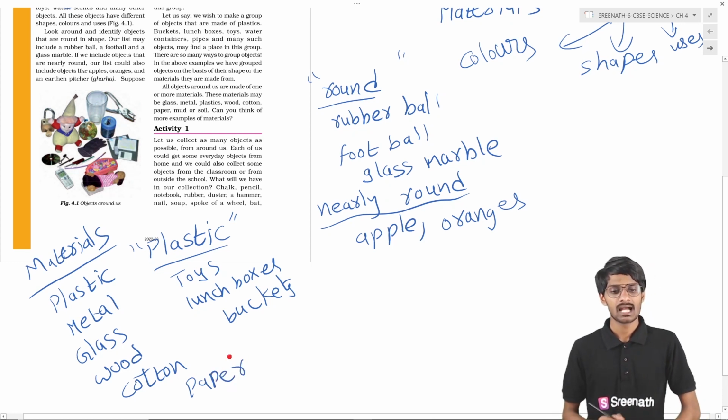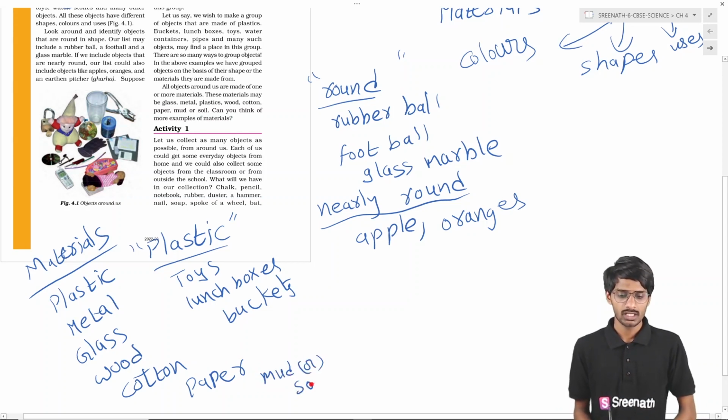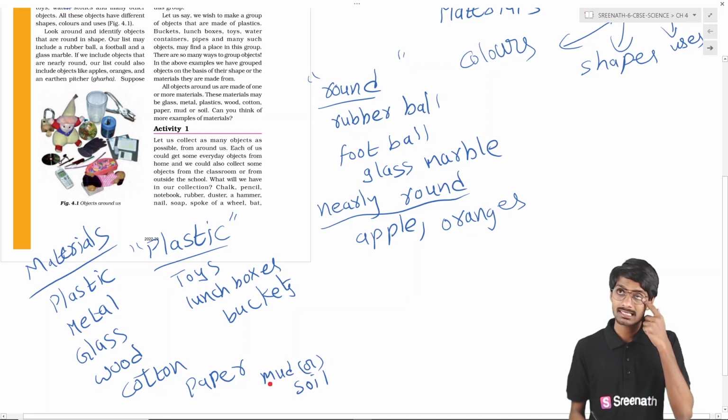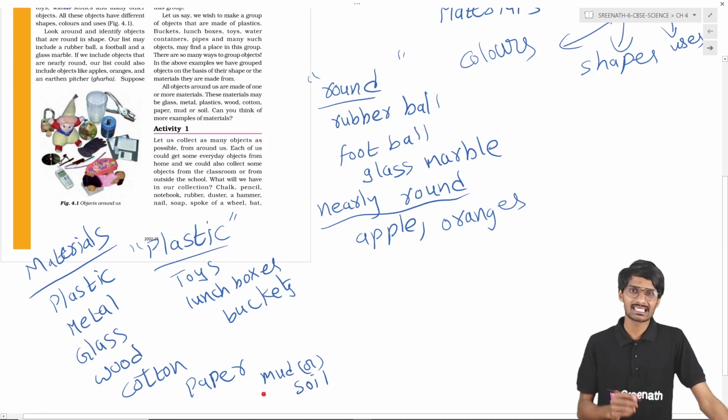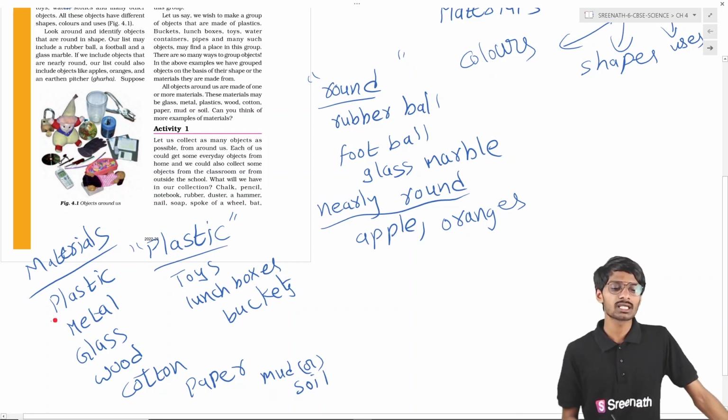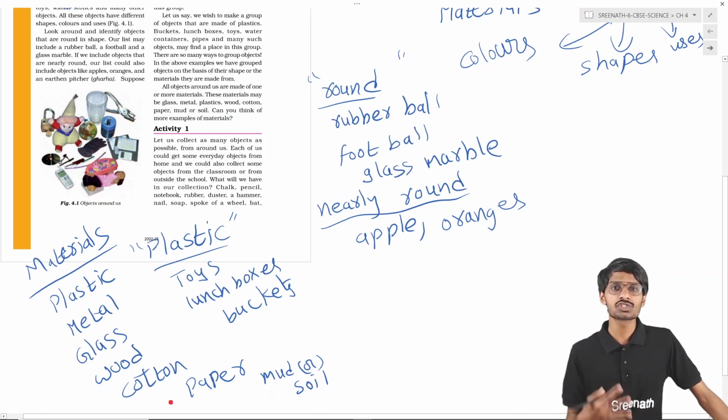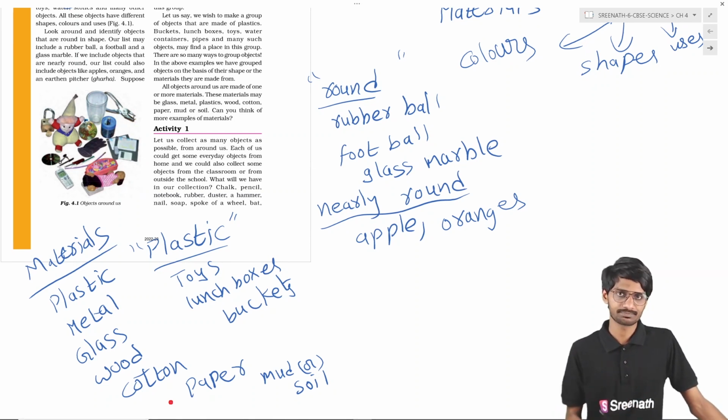And mud or soil based objects. In our olden days, our ancestors used mud utensils. Now we are using stainless steel, metal, like that. So there are different types of materials, and using those different types of materials, different objects are made.